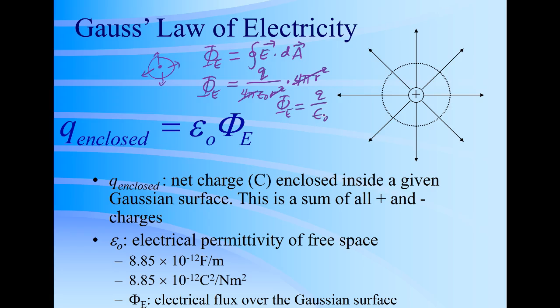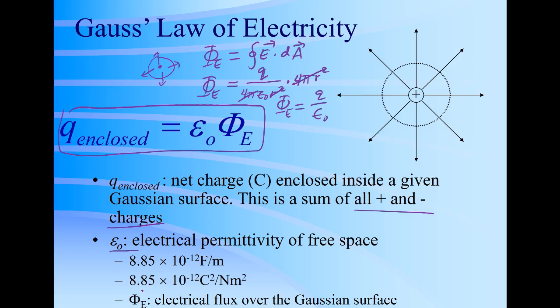Now we rearrange that and we get Gauss's law, which states that if you want to find the charge enclosed by a given Gaussian surface, which is the sum of all positive and negative charges, you take epsilon naught, which is a constant. It's how easy it is for electric fields to permeate space, and you multiply that by the flux.